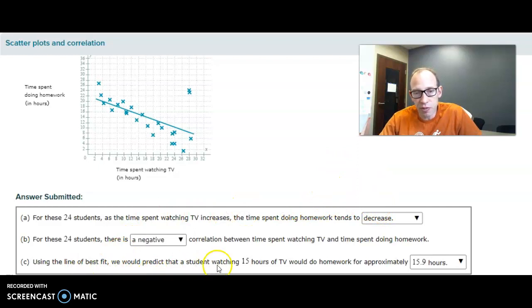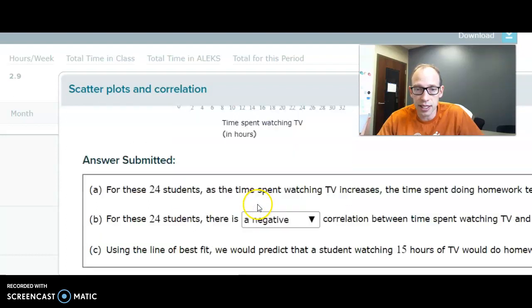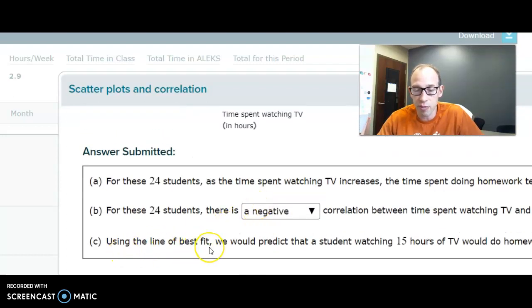Line of best fit, we would predict that a student watching 15 hours of TV would do homework for approximately... Let me zoom in a little bit here. We have 15 hours. We're in between the 14 and the 16 on the watching TV. What we want to do there is go up to where the line is, not where the X is. It says using the line of best fit.